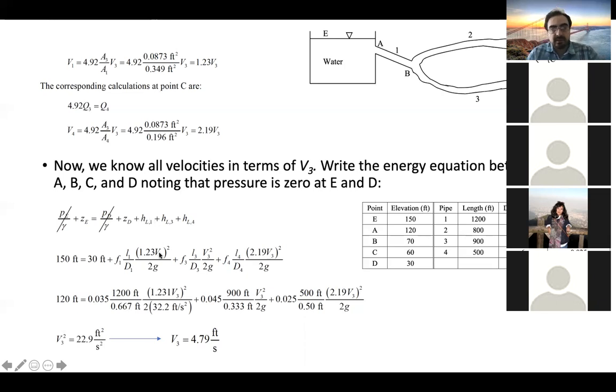So I substitute it in terms of V3. I write all the velocities in terms of V3, so we can find V3 from this equation.